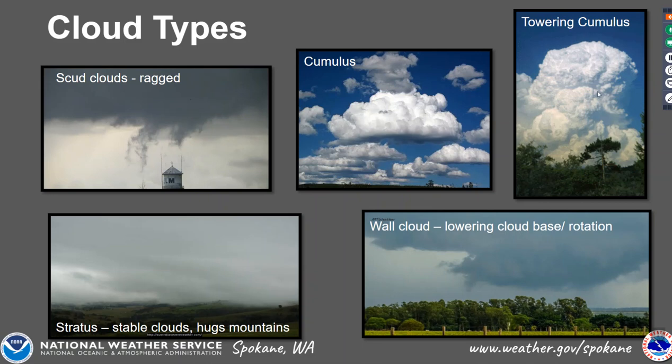We can see towering cumulus, and that's where we see our thunderstorms. And then we can see a wall cloud as well. We can see that before a funnel cloud or tornado forms. And you can kind of see where a wall cloud would be; a scud cloud could be mistaken for it, and vice versa. They do look a little bit similar.